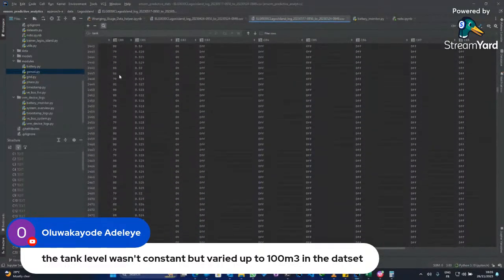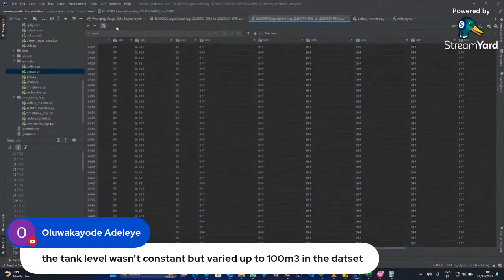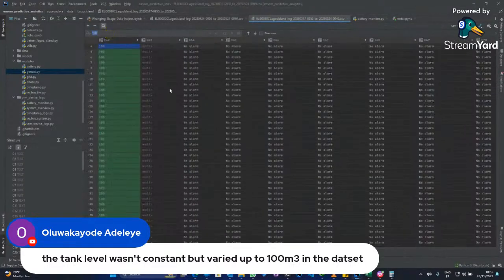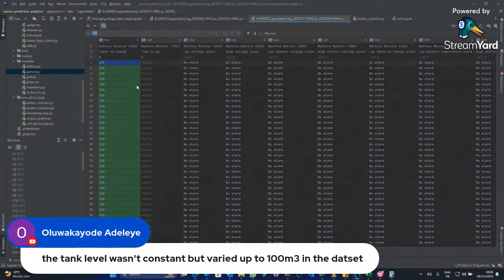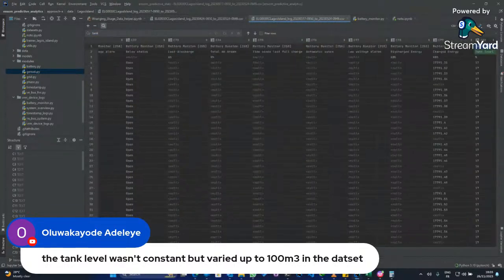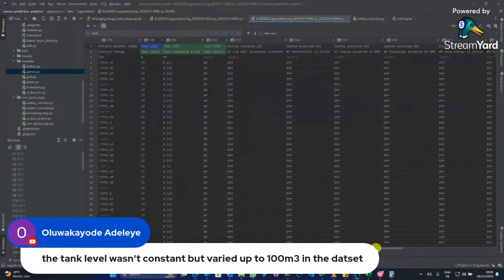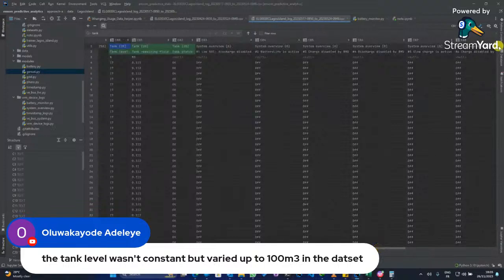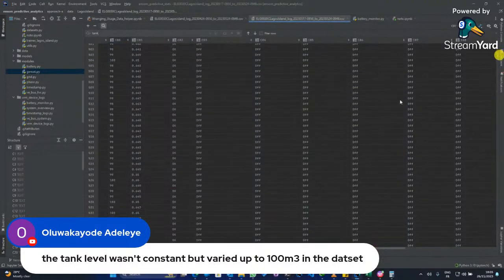Let me just check. Forgot the row. The tank remaining fluids. Okay, this is it here.